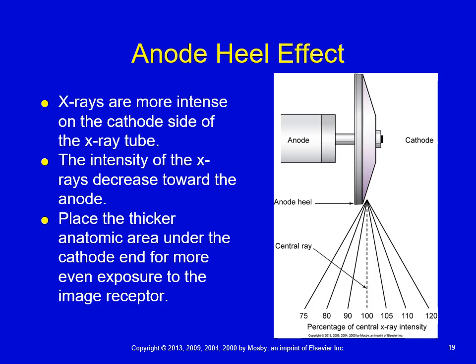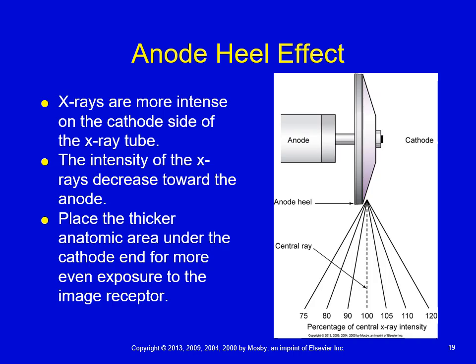We don't use it too often these days because digital is able to detect very low energies and very high energies, but back in the day, we could use this. So as a result of the line focus principle, we induce something called the anode heel effect. Smaller anode angles will have a larger heel effect.